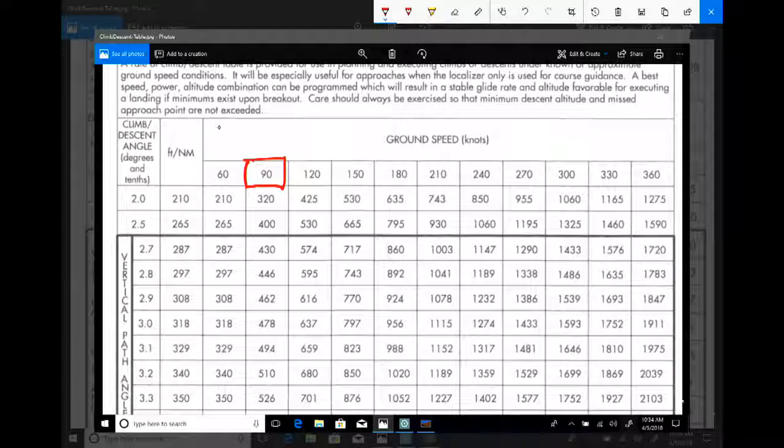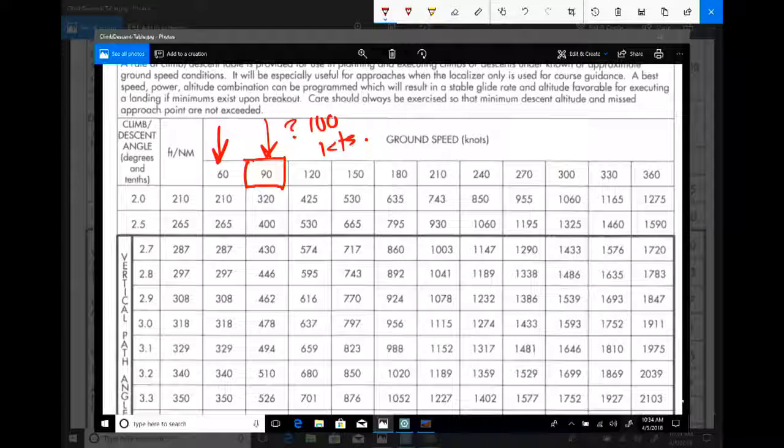On your takeoff, in our training aircraft you're probably looking at a ground speed closer to 60 knots. On your approach, your target is going to be closer to 90, and possibly it could be 100 knots of ground speed.